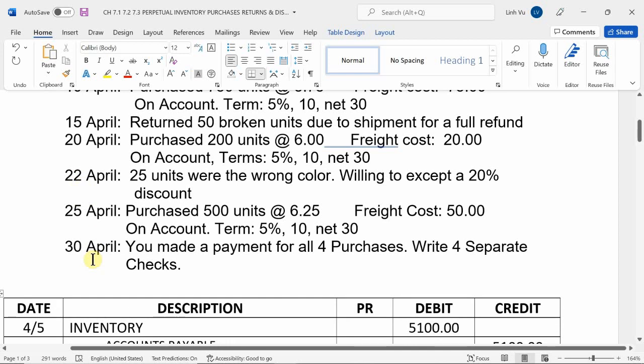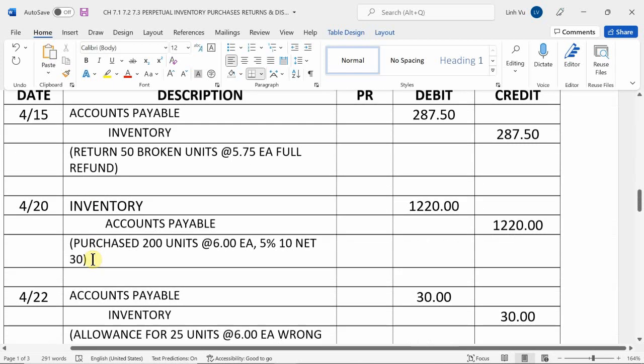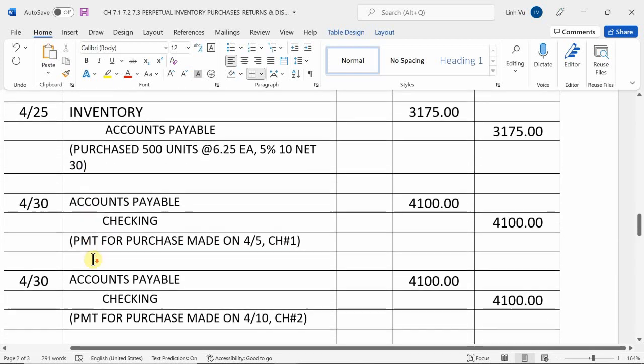If I'm making a payment on April 30th, that's only 5 days later, so I am guaranteed to receive that 5% discount. Since nothing went wrong with this purchase, all I did was purchase my 500 units at $6.25 each. So what is my grand total discount here going to be if I purchased 500 units at $6.25 each?